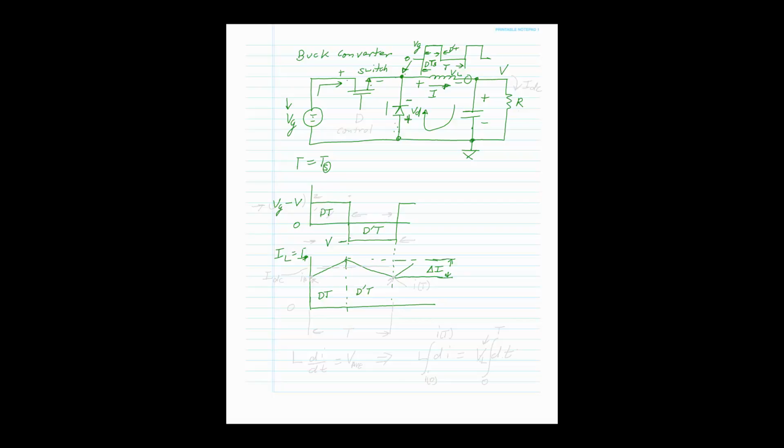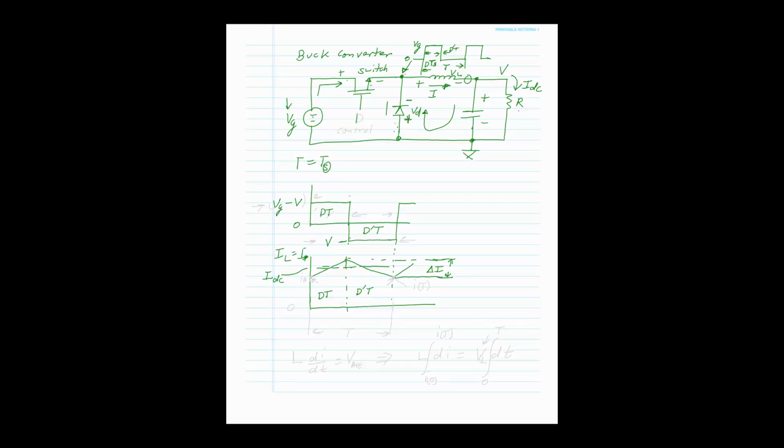Okay? So the average of this current is going to be I, which is the DC current that's going to flow. And that DC is the current that flows to the output. You know it's going to be DC because the output voltage is constant. That's what we want to make it, constant. And therefore, a constant voltage divided by a resistance gives you a constant current.